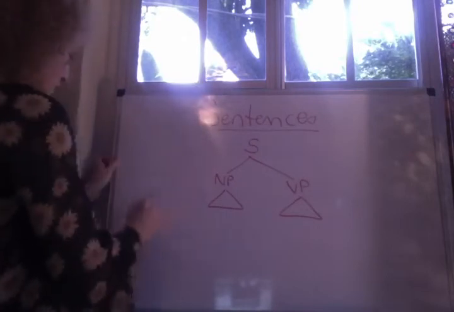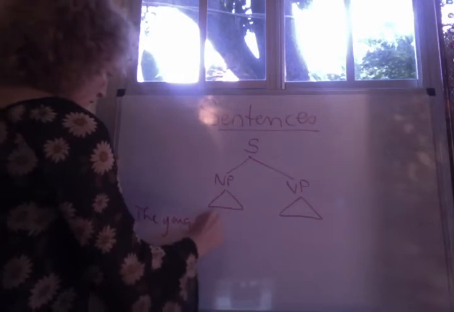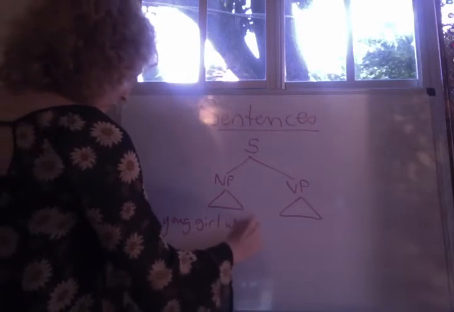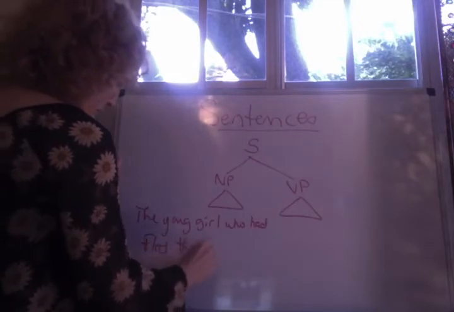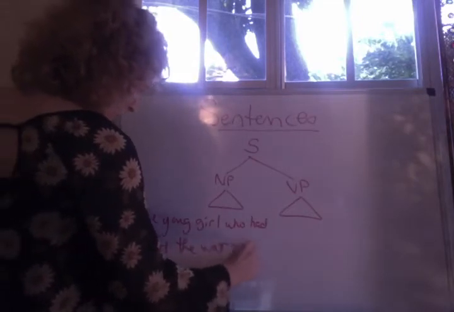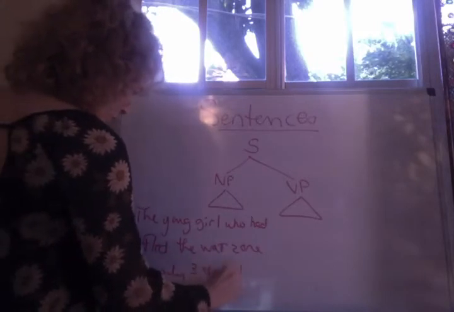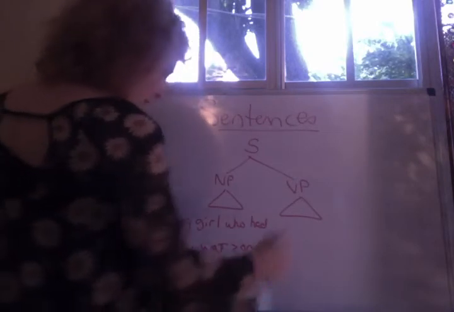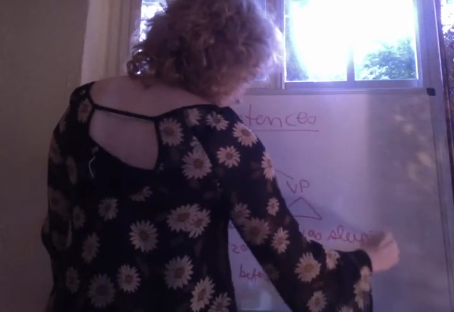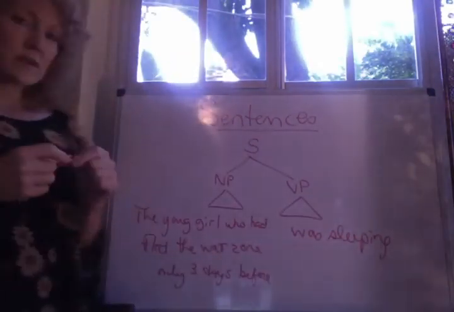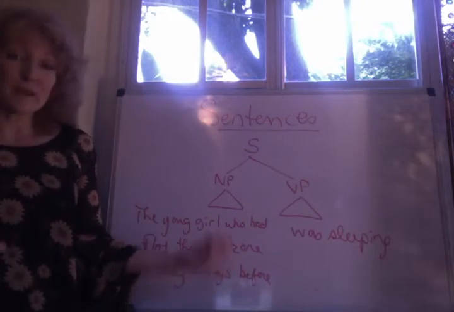So if you have a sentence like, a young girl who had fled the war zone only 3 days before... Okay, so now we're looking at a sentence that happens to have a very complex subject.